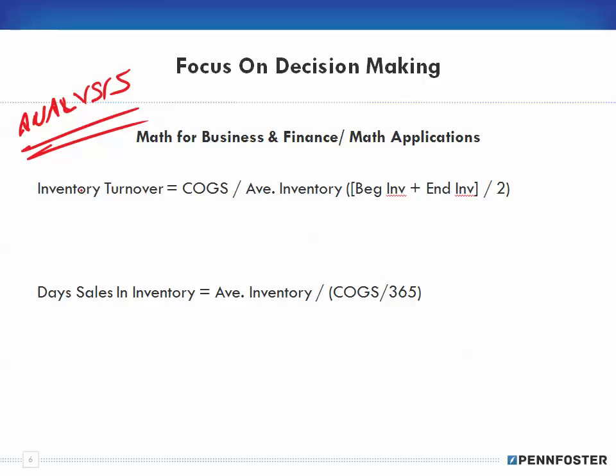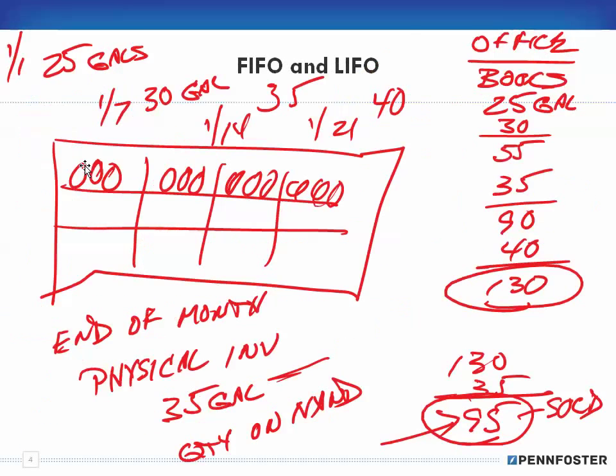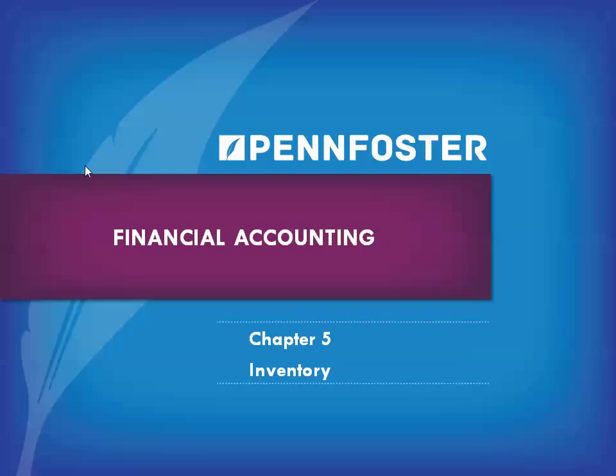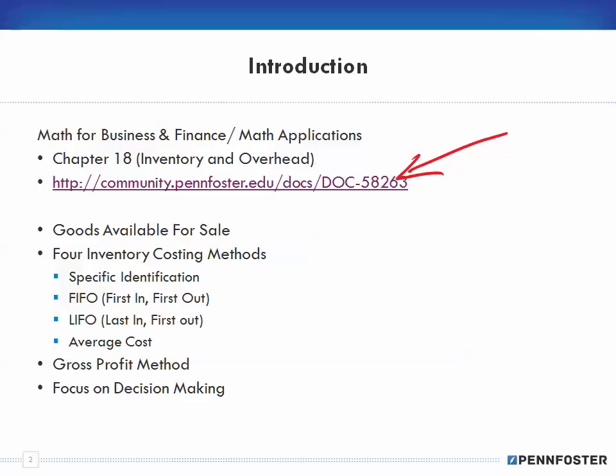Unlike in the math, and again, you can go back up to the math videos. I forget which chapter it was where you were hit with a whole bunch of ratios all at one time in one chapter.